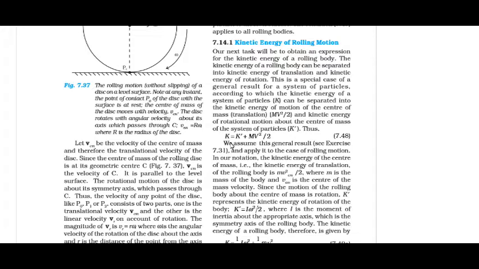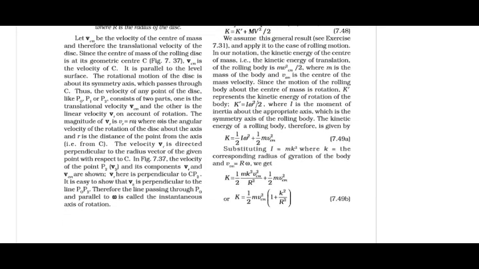So kinetic energy K is equal to the total kinetic energy of the particles, K dash, and half mv square. Upon solving this, we can write K is equal to half I omega square plus half mv square. Half I omega square is for rotational motion and half mv square is for linear motion.